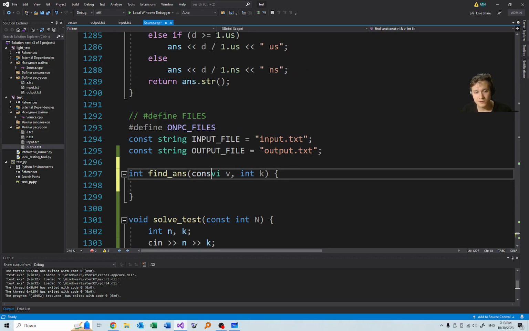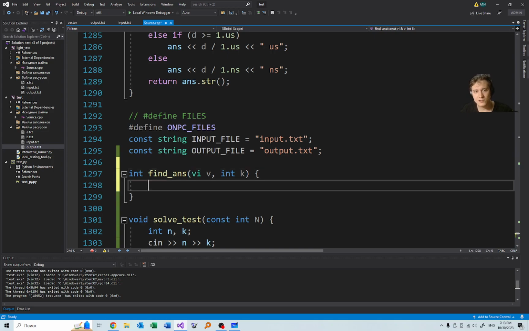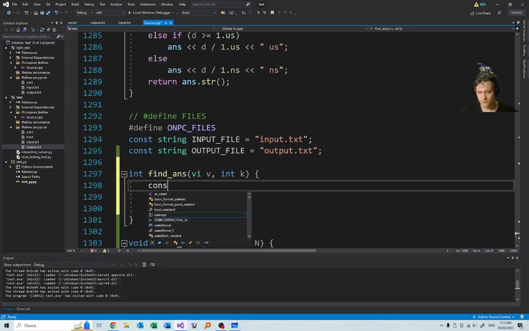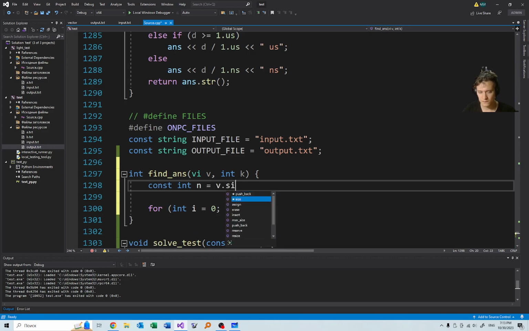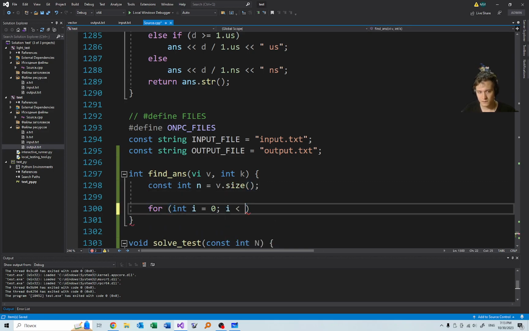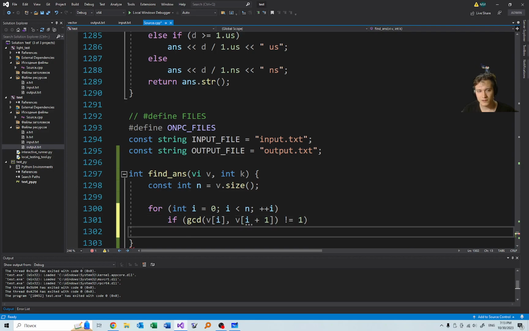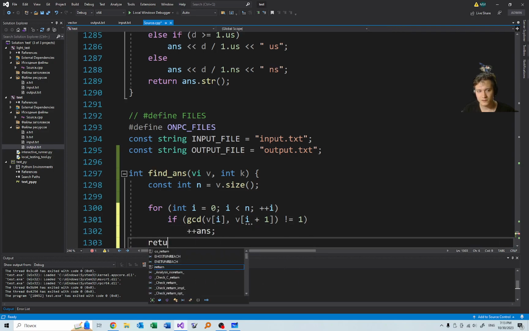So in the end, we will go through all the elements and say that if GCD of v_i and v_i+1 does not equal 1, then plus sadness, and return nice.